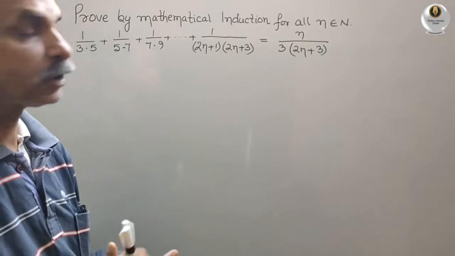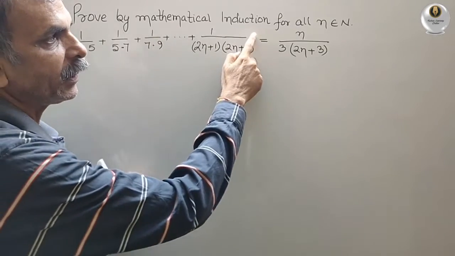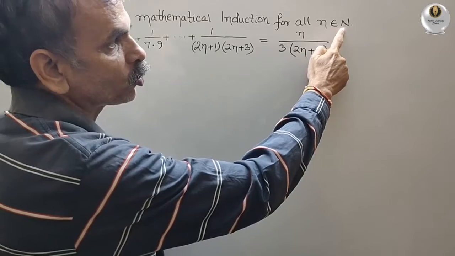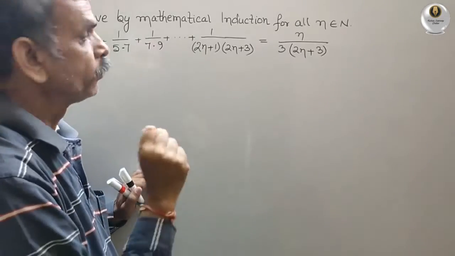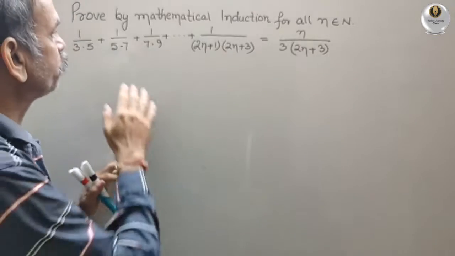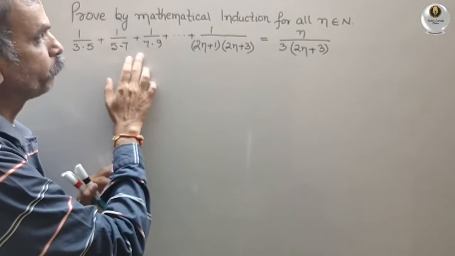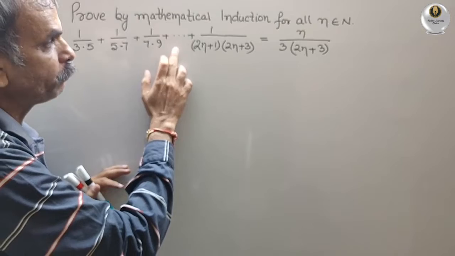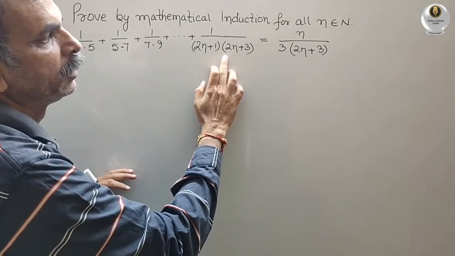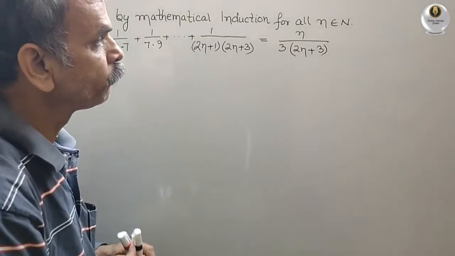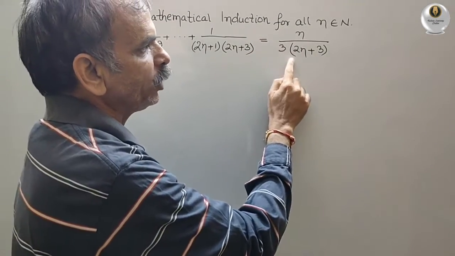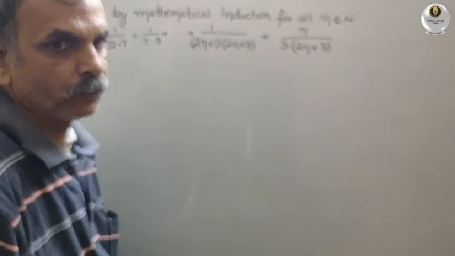Your question is: prove by mathematical induction, for all n belonging to the natural numbers, that 1 by 3 into 5 plus 1 by 5 into 7 plus 1 by 7 into 9 plus so on up to 1 by (2n plus 1) into (2n plus 3) is equal to n by 3 into (2n plus 3).